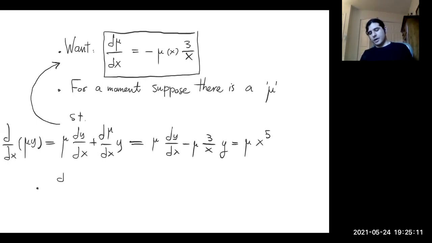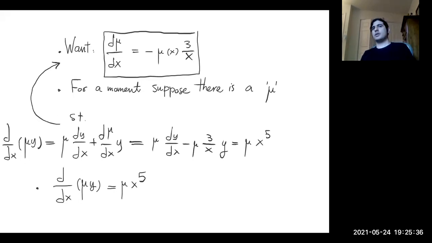Therefore, derivative of mu y with respect to x is equal to mu x to the 5. We still do not have the function mu, but we are assuming there is a function mu satisfying this.